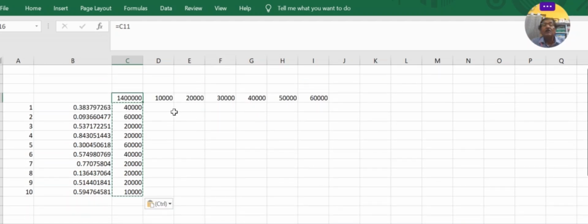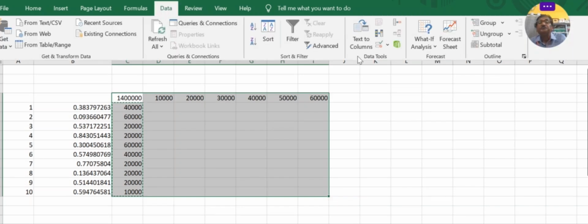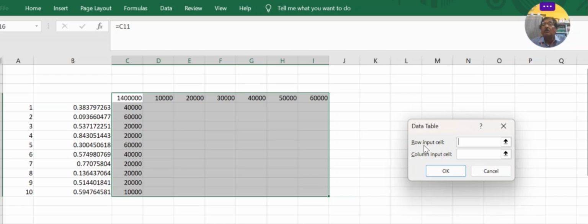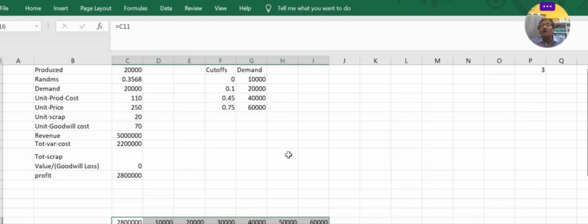For application of the table, you select the entire range for which you have to calculate the computation, and then from Data you go to What-If, and then Data Table, and you have to put the formula in the first row. For row input, what will you write? Row is production, so you select production, and for column means demand. Where is demand? Demand is written here, and you just put OK.